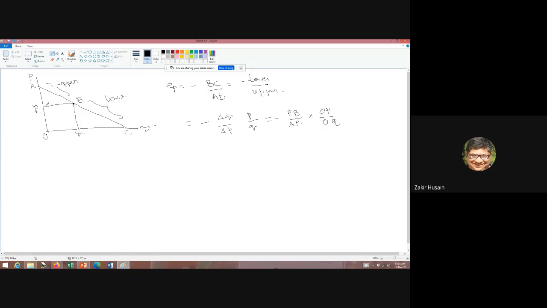So basically, we are writing this by this over here. Slope is del y by del x, right? This is del y, this is del x, and this is the inverse of slope, right? So this is PB by AP.